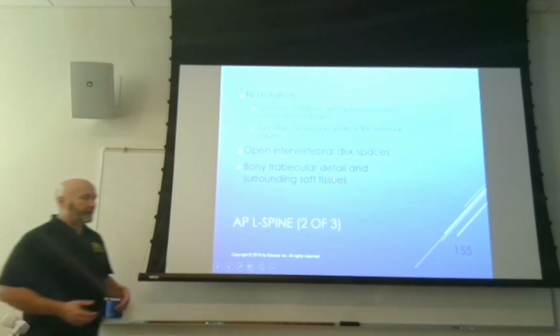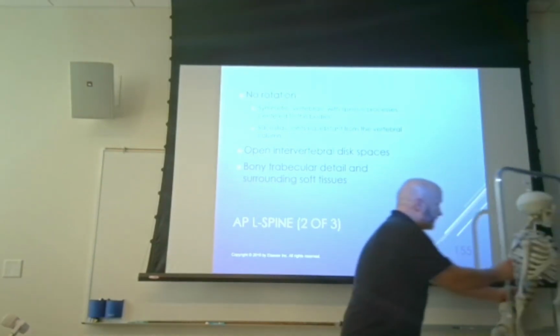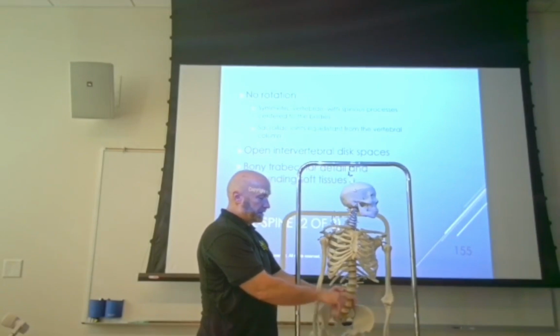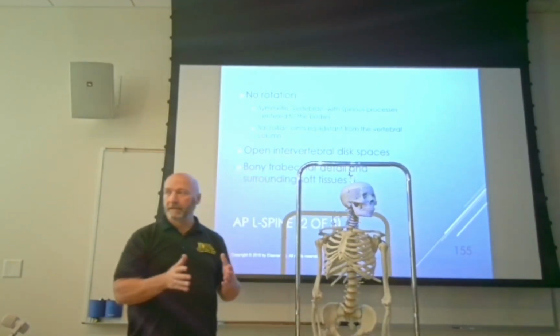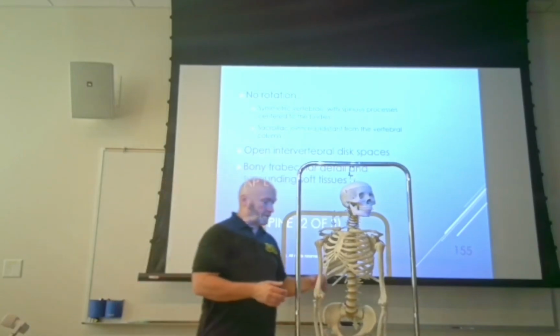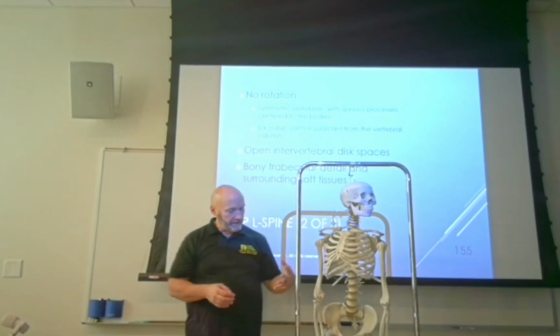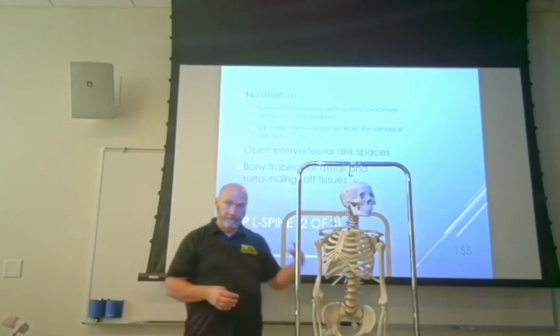And I say that because of the lordotic curvature. The spine, the L-spine, is exactly opposite from the divergence of the central ray, right? So the disc spaces on the L-spine are going kind of like this, all right?